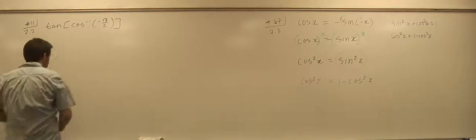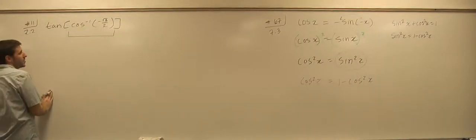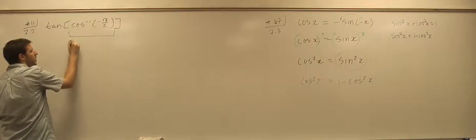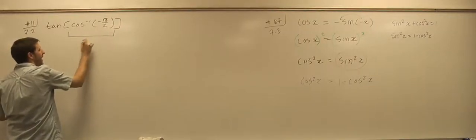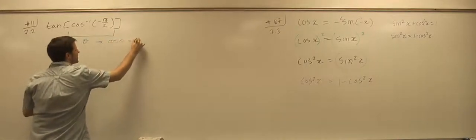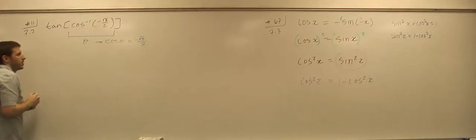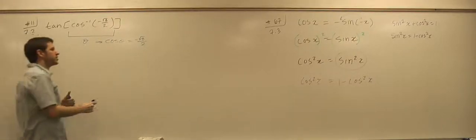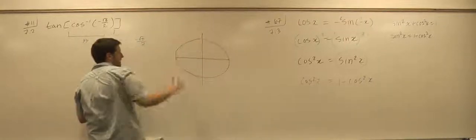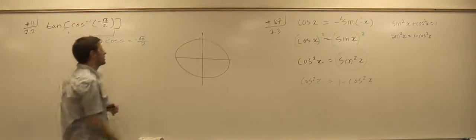So one way to tackle this would be to calculate what cosine inverse of negative root 3 over 2 is. Or can I find the angle? This is an angle that makes cosine equal to negative root 3 over 2. Yeah, I can do that. I just go to my unit circle, or my table, or however I memorize my cosine values.